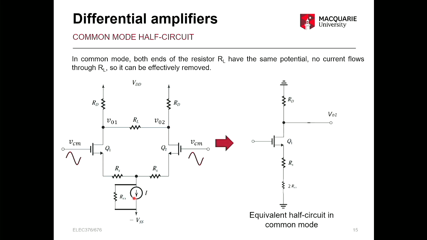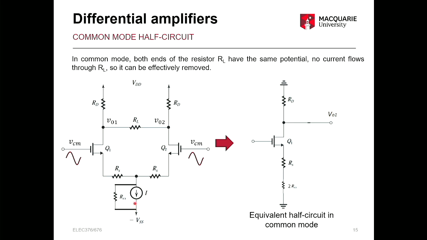So what does that become as a differential half circuit? Well, we keep our RD as before. We still have our source resistor, and we have 2 RSS at the bottom, and that's simply because, again, we don't have a perfect line of symmetry here.